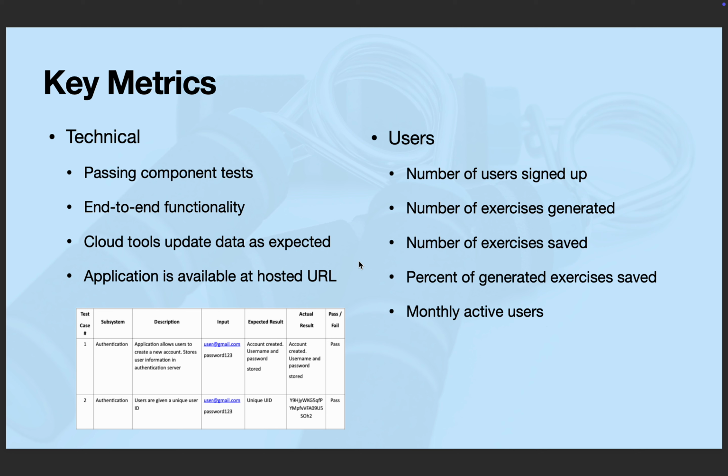If there's a high percentage of exercises generated being saved, that means we're doing a good job in generating what the users are looking for, since they're saving them, which would indicate that they're useful for them. And then similar to any other application, monthly active users to see if we're retaining users, if we're adding value, if this is something that has any potential.